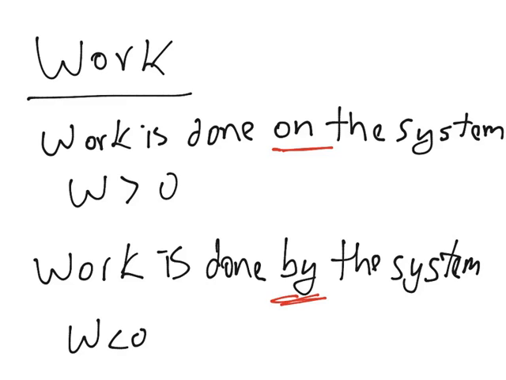Now keep those four statements in mind when you're trying to solve a problem that represents internal energy change, because you have to write the proper sign for work and heat in the problem if you want to obtain the right change in energy. Now let's do some practice problems.